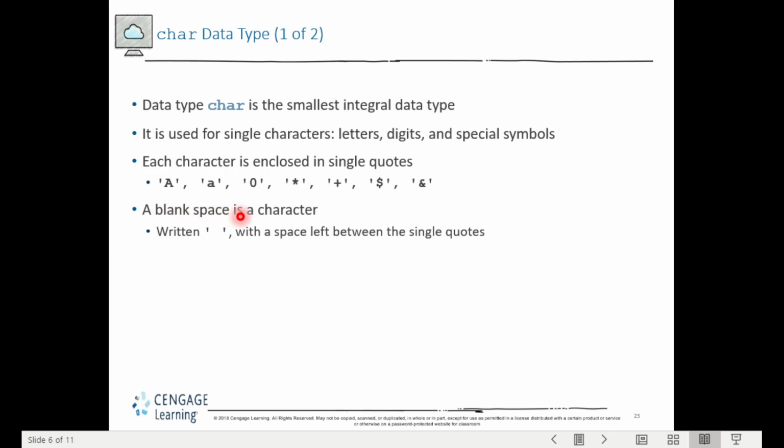Blank space is also a character, so you need to write it in single quotes. For a character, remember it must be enclosed in single quotes. For example, here we declare the variable as a single character, capital E.